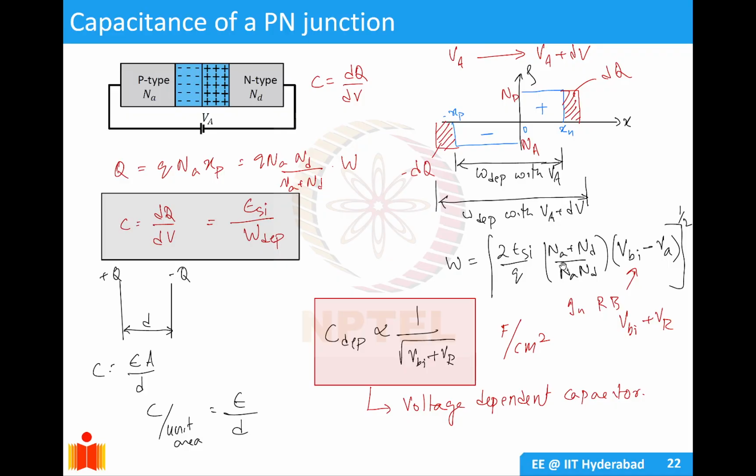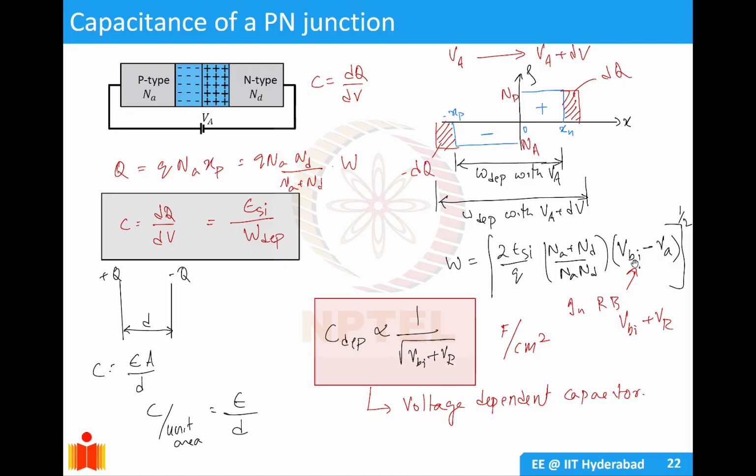depletion width is given by 2 epsilon Si by q, Na plus Nd upon Na Nd, Vbi minus Va, to the power half. This is our built-in potential, and for bias conditions our built-in potential is given as Vbi minus Va. In reverse bias, the minus Va will change to Vr because Va will be negative.